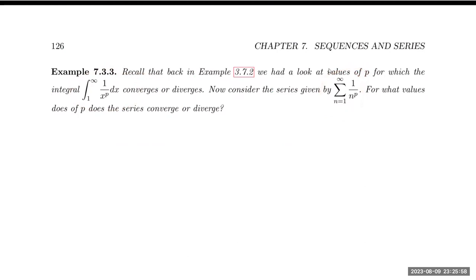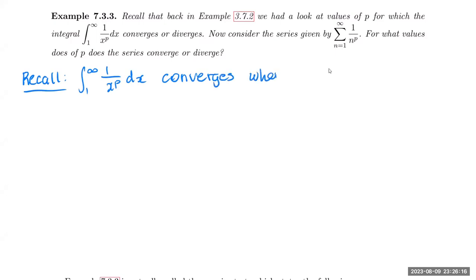So let us recall, the integral from 1 to infinity of 1 divided by x to the power of p converges whenever p is greater than 1, and it diverges otherwise.